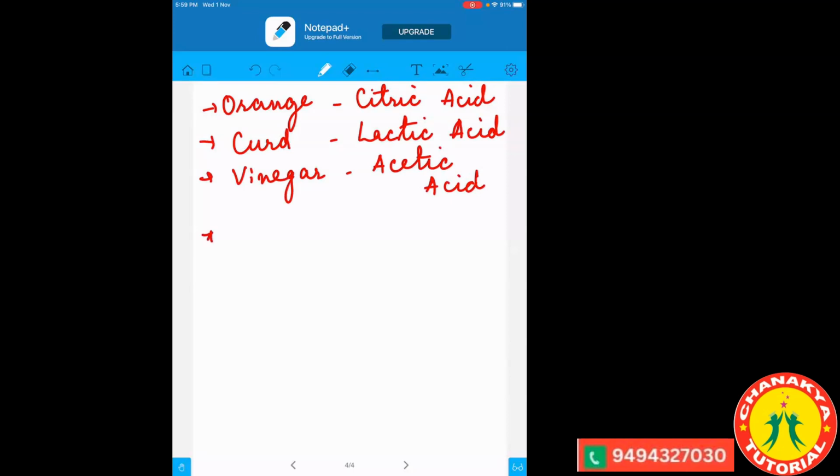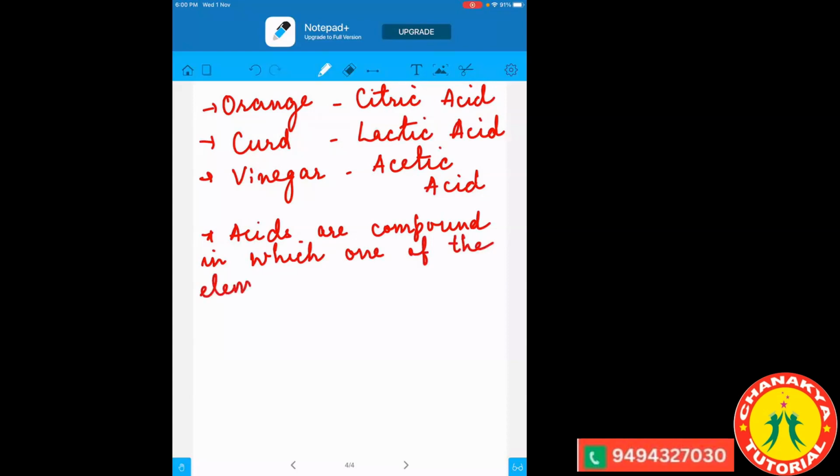The next point: acids are compounds in which one of the elements that makes up the acid molecule is always hydrogen.